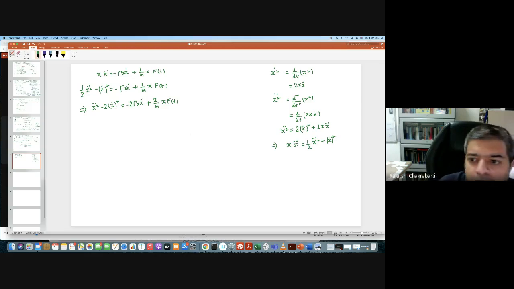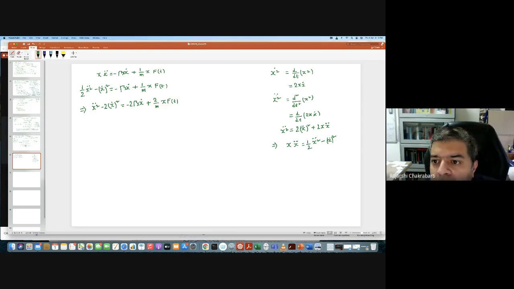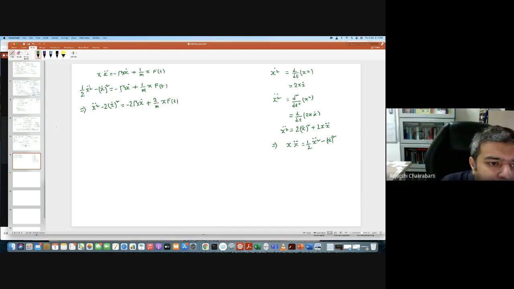Okay, and what is x x dot? It is x square dot by 2, isn't it? So it gives you x square double dot minus 2 x dot whole square, and this is gamma times 2x x dot. 2x x dot is x square dot, isn't it?